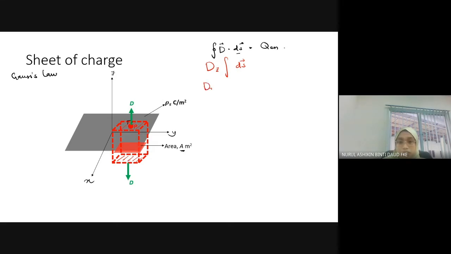So D z, and the surface area at the top plus dS, the surface area at the bottom.